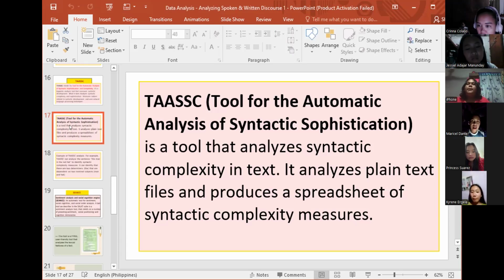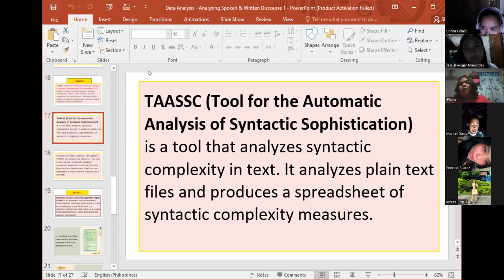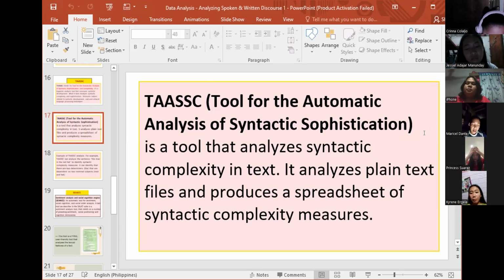TAASSC takes plain text files and produces spreadsheets of syntactic complexity measures. Other examples of TAASSC measures are mean length of the unit, number of adjectives per noun phrase, number of adverbials per clause, and frequency profiles of verb argument constructions.